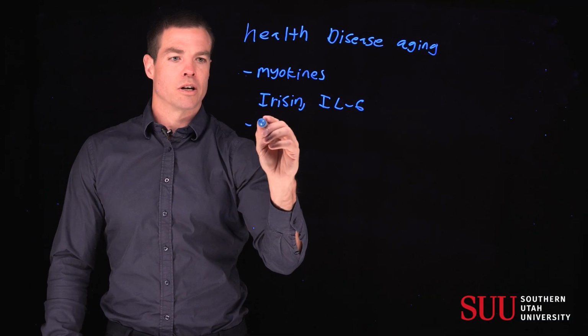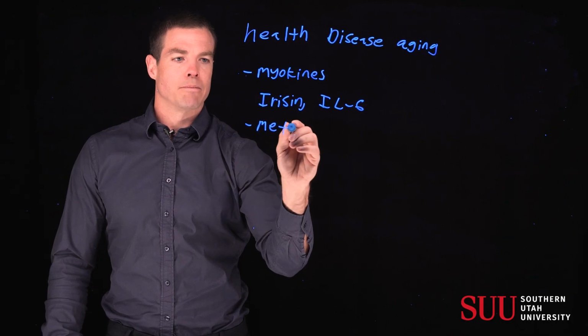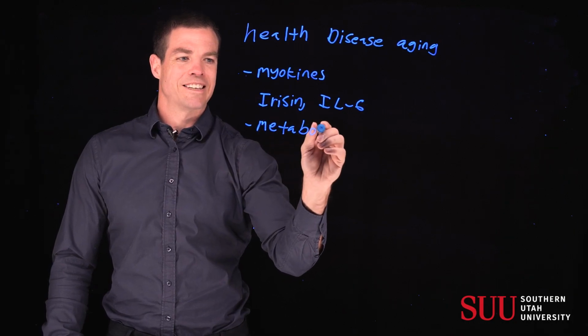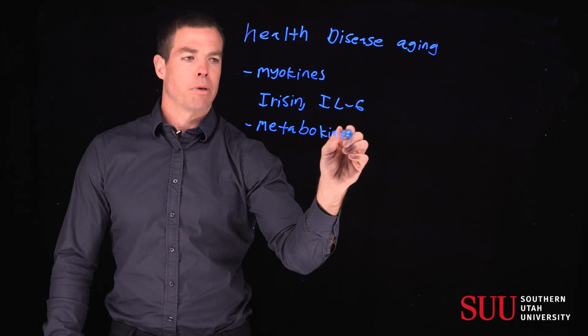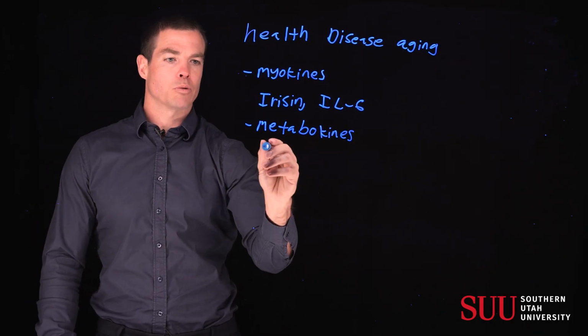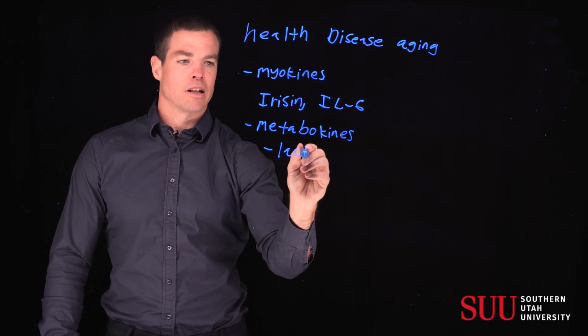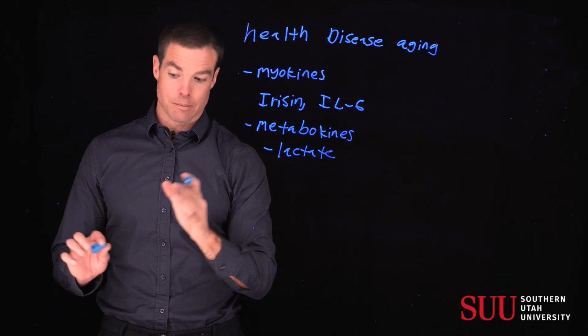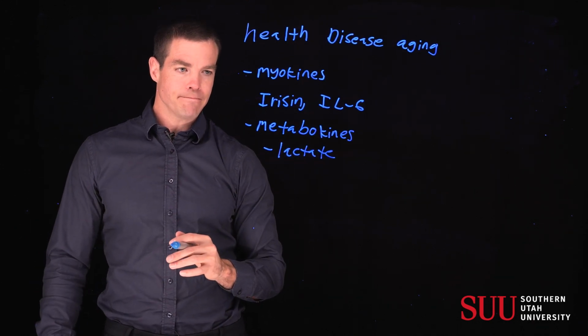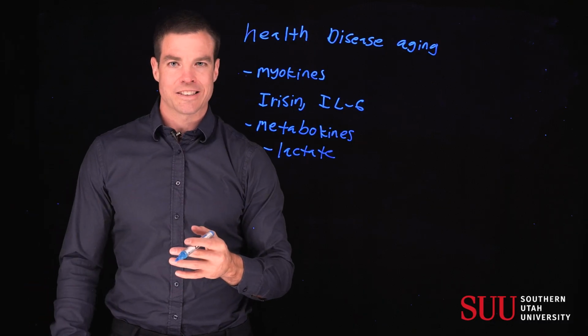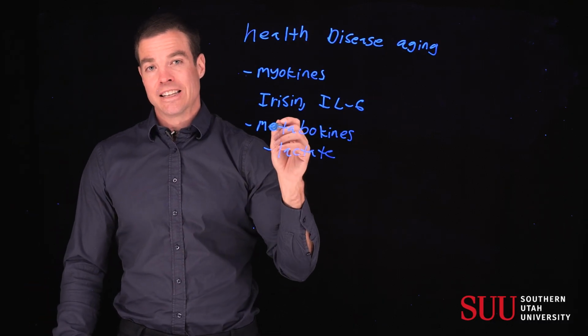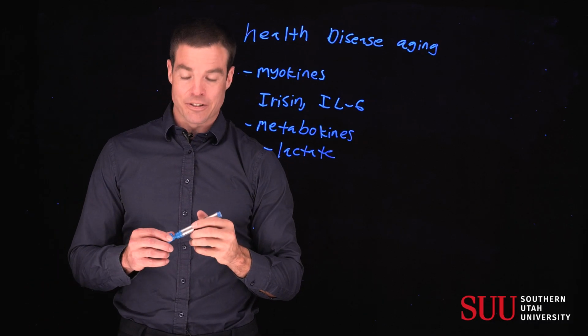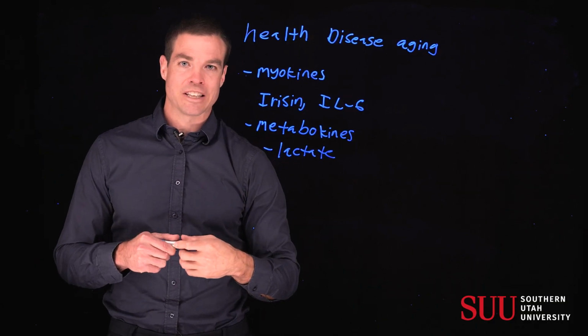Another interesting one is that it secretes what are called metabokines. Probably the best example of this would be lactate. Now, a lot of people hear about lactate as lactic acid, which is a misnomer. You actually don't produce lactic acid in the body, it's lactate, and people think that this lactate causes fatigue and makes your muscles sore and everything, and it doesn't.